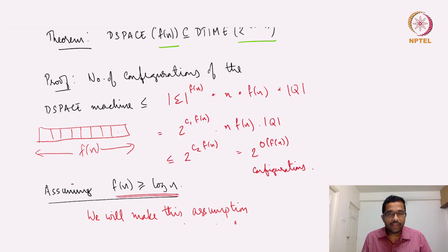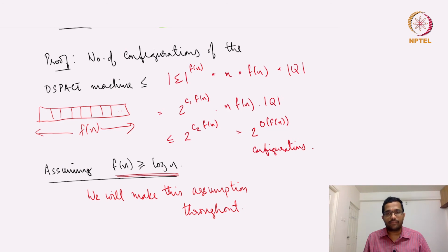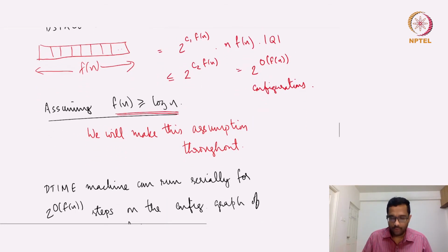If we are not even allowed log n space, the kind of things that we can do are extremely trivial and not very interesting. So throughout, we will assume in the case of space complexity that f(n) is at least log n, and it's okay because this assumption is not penalizing us much. When this is not true, the classes that we have are not very interesting. So we'll keep this assumption throughout.